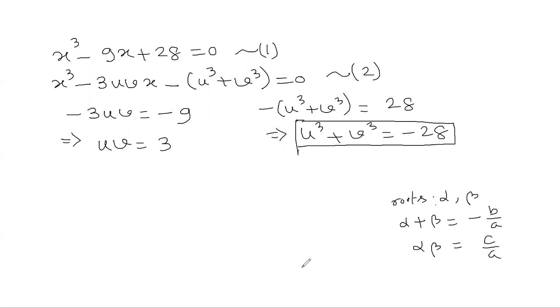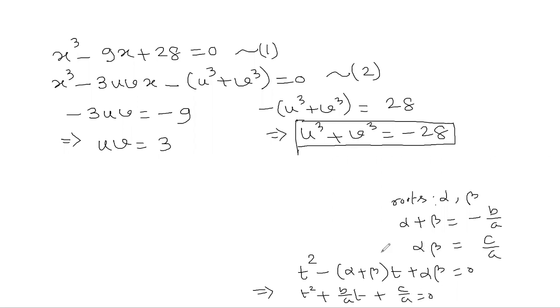Suppose it is t square. If you consider t square minus (alpha plus beta) times t plus alpha beta, then it becomes t square plus b by a times t plus c by a equal to 0.